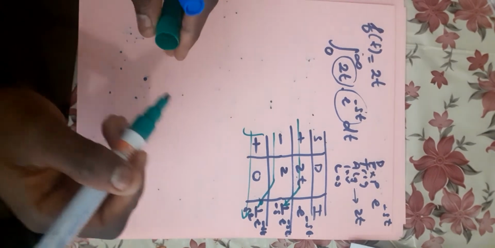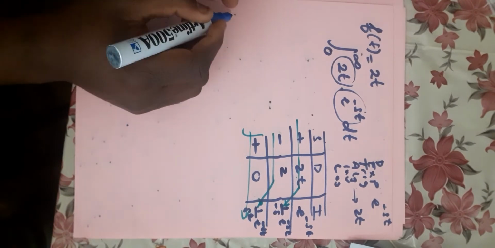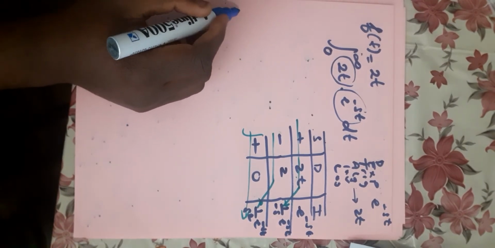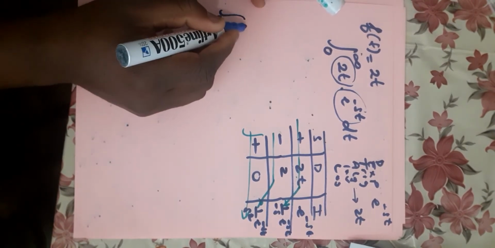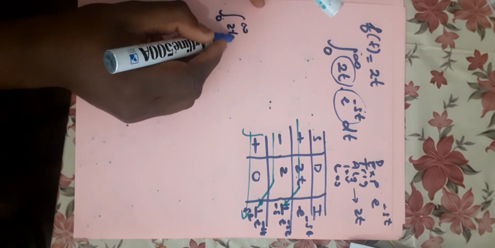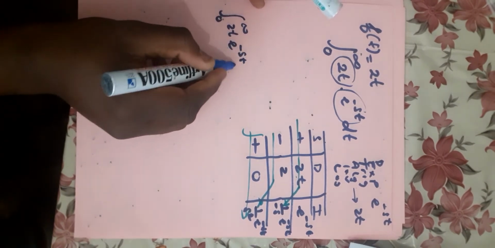All right, so for me to write this answer, what is it going to give me? I have the integral from 0 to infinity of 2t e to the power minus st dt.